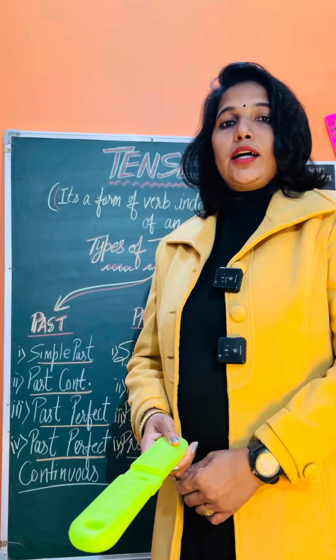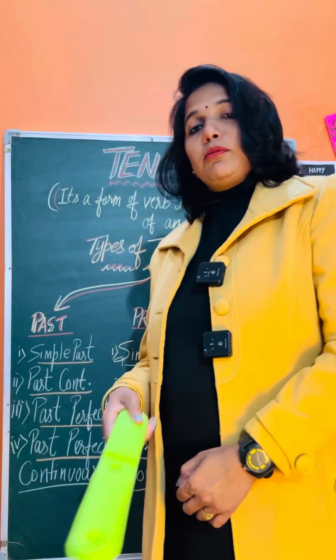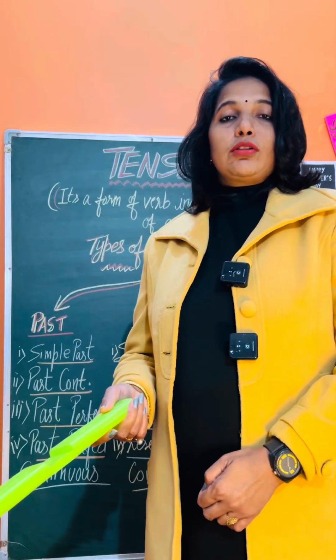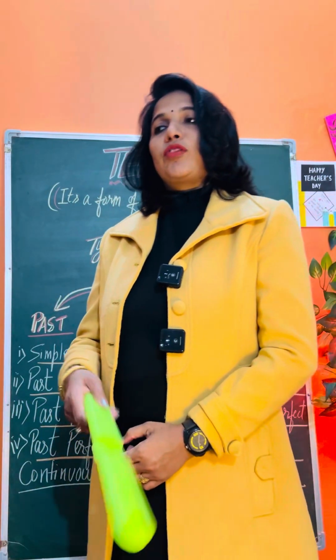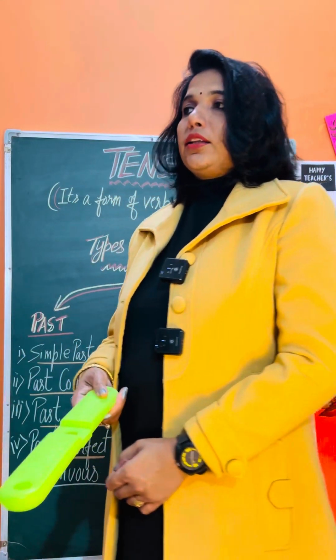Okay, but you cannot mention the point of time, because if you mention the point of time, then you need to change the sentence into past perfect continuous. So frame the sentence like that. He had studied and they had gone to market, like that.